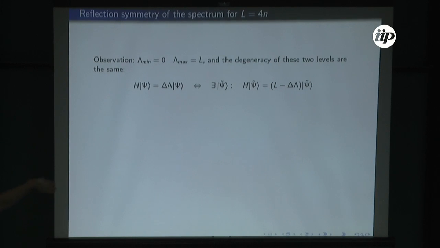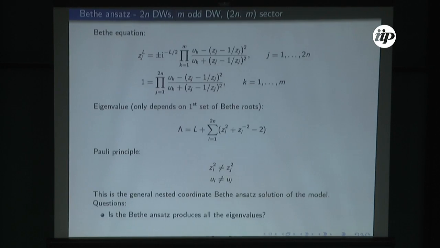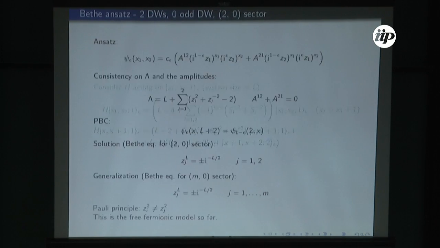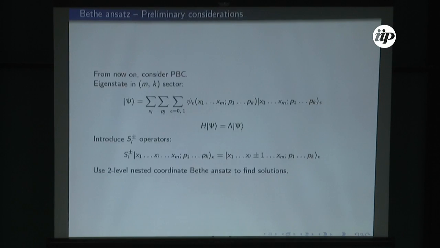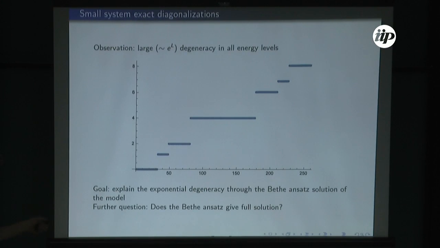So the ground state and the highest energy state have an equal number of states, including everything. As in the picture, this is paired with this, and the length is the same, so it's an equal number of states. And also for the intermediate states, this is paired with this.